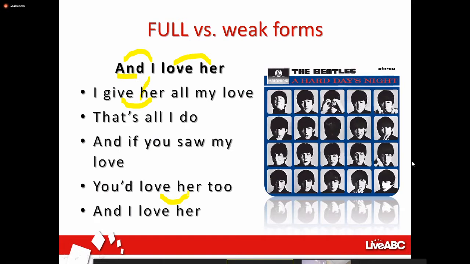And the most important thing is, if you teach the sounds to your students, they're going to start learning how to connect all. So it's about phonology.